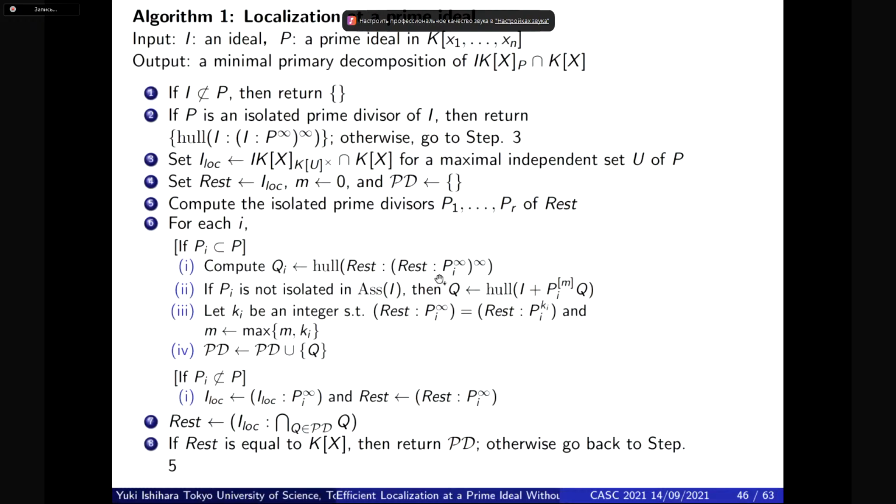We can use double saturation and equidimensional hull to compute isolated primary components, and the ideal quotient to compute the embedded parameter divisors.